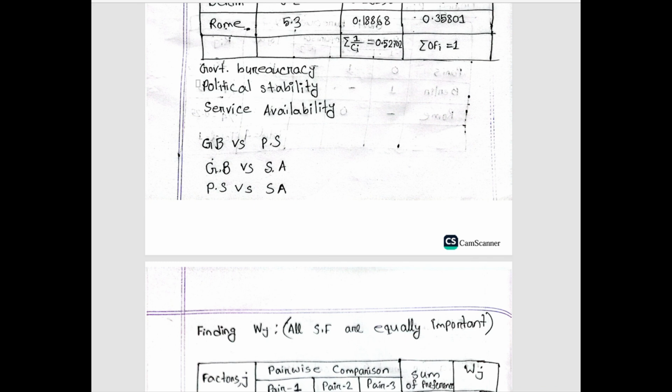Suppose we have three subjective factors: government bureaucracy, political stability, and service availability. We want to compare each of the subjective factors with one another, and we cannot compare three subjective factors at a time, because comparison is better when we compare two things at a time. That's why we take combinations from these three factors.